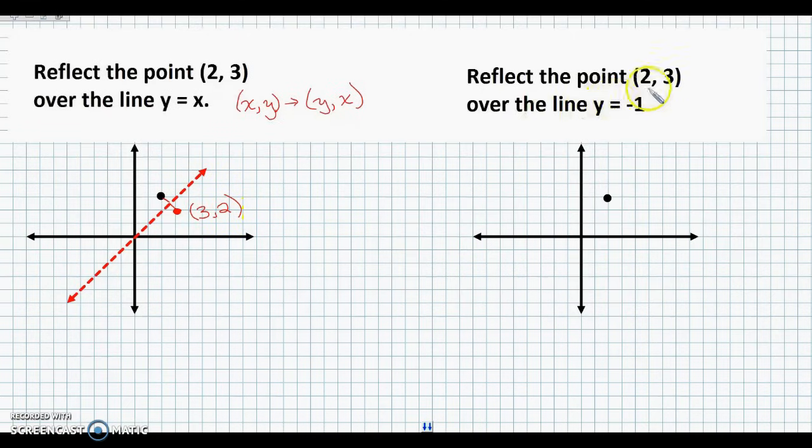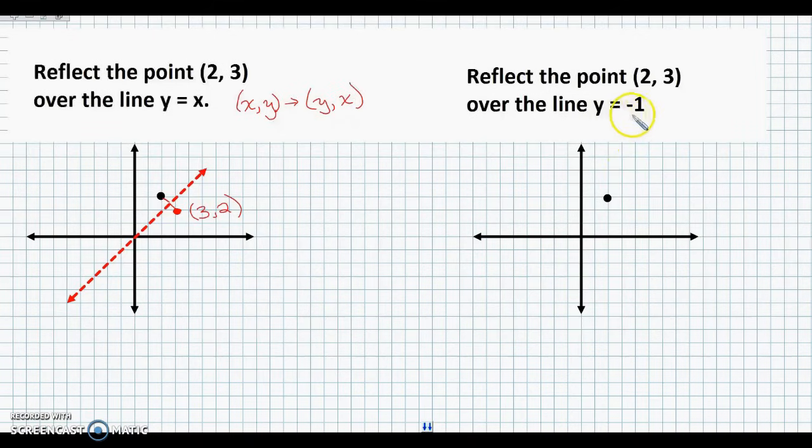I also want to come over here and reflect the same point over the line y equals -1. You're not always going to have a reflection rule for whatever it is you're trying to do, so we need to think about the line y equals -1. Because we don't have an x, we know it's either a vertical line or a horizontal line.